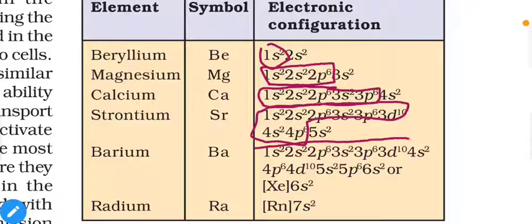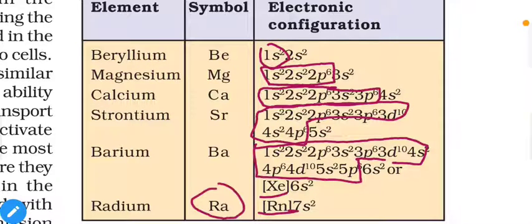Then 1s2 to 5p6, that means xenon. And lastly we have radon. The last element of this group is radioactive. It is known as radium, one of the very well known radioactive elements. So radium contains a radon core and extra 2 electrons.